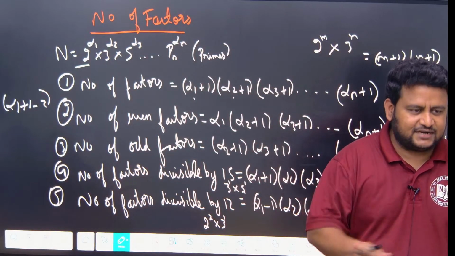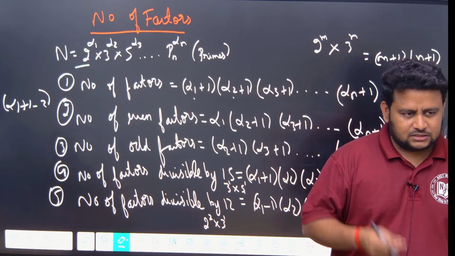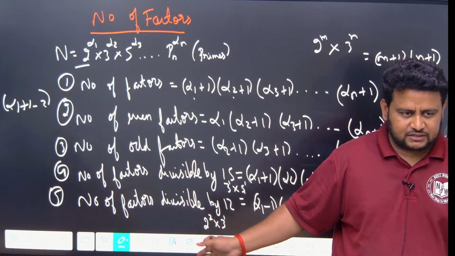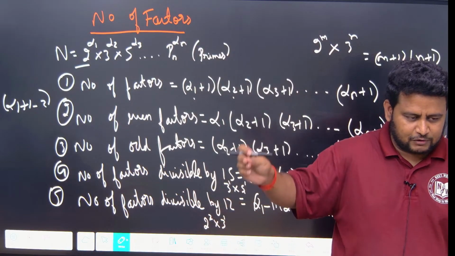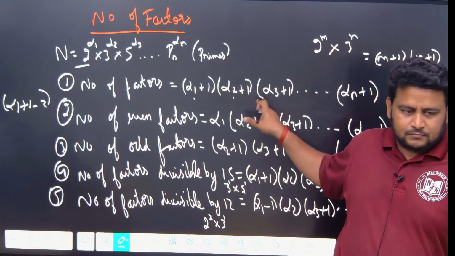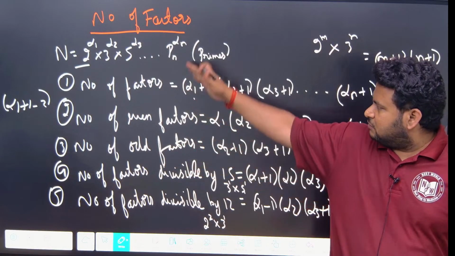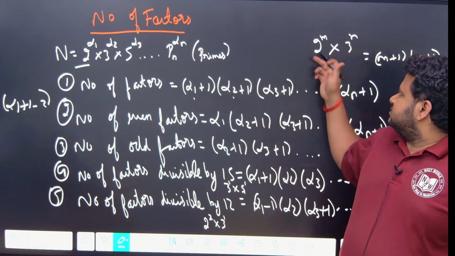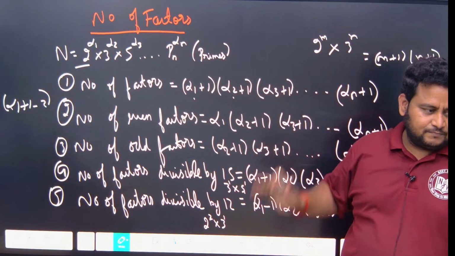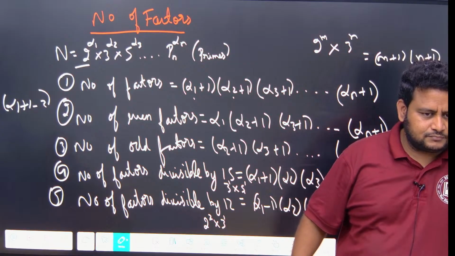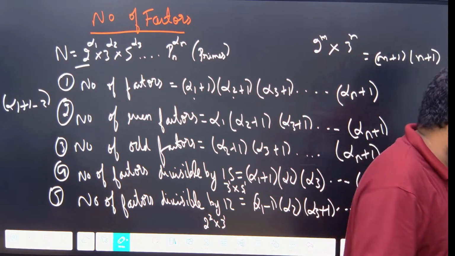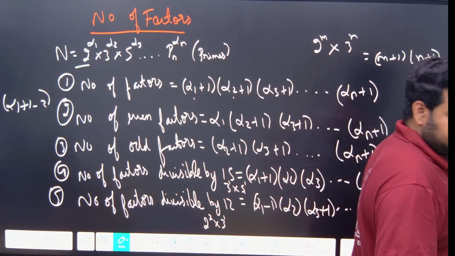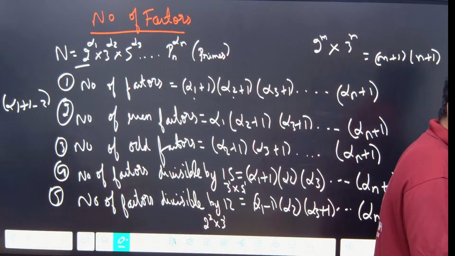For an odd factor, forget about 2. Whatever prime factors you get, you subtract that power from this one. Only for the number of factors, whatever the power is, you add 1 and write it like this, m plus 1 into n plus 1, that's all. Clear everyone? Now we will take one example for this.